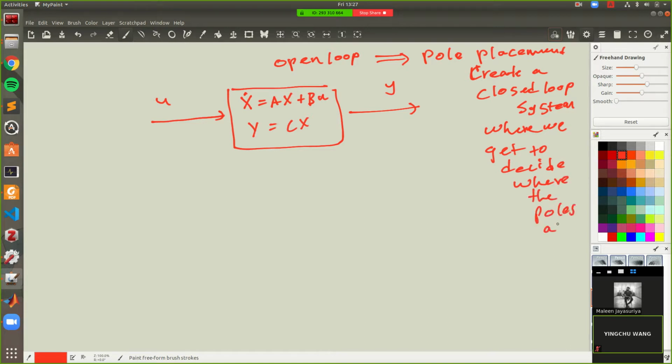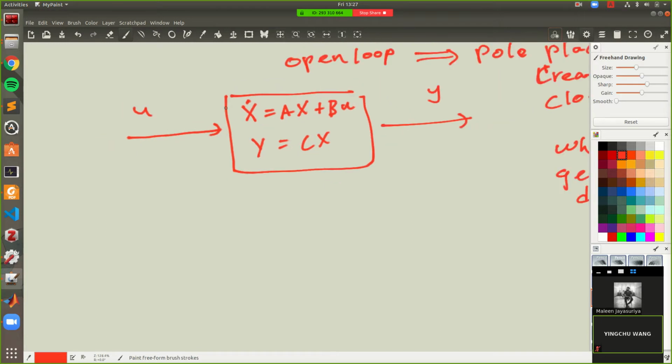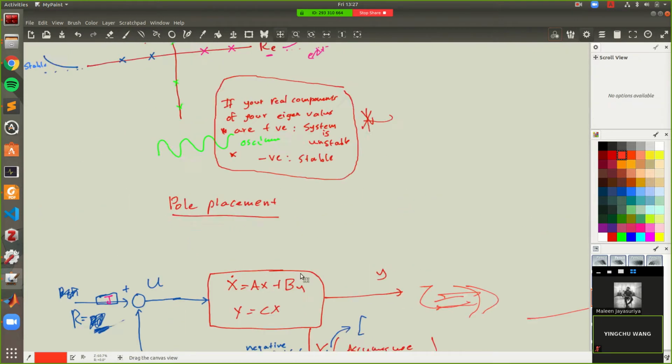So basically, this pole placement is to stabilize the system. Yes, to either stabilize the system or make it perform in a way that we want. Basically, it's a way for us to place these poles where we want, right?